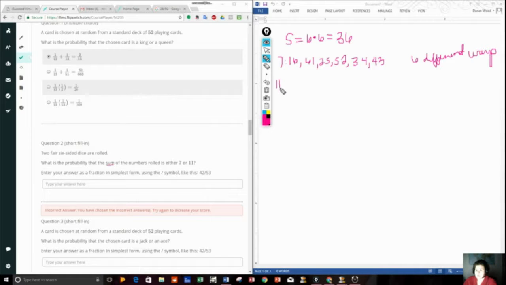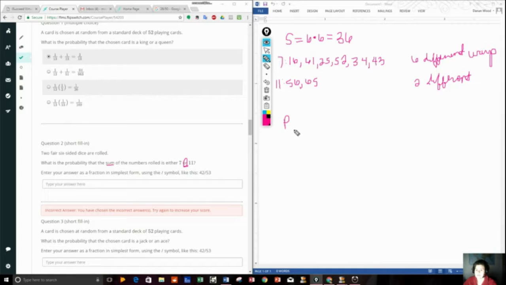All right, so when we look at the number 11, the number 11 is made by rolling a 5 and then a 6, or I could roll a 6 on my first time and then a 5 on the second. So there are 2 different ways here. Okay, so now let's set up our probability statement. All right, we have a key word here, "or."